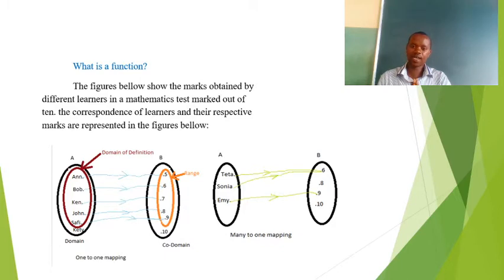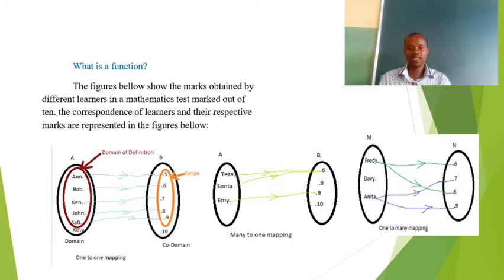We have Teta, Sonia, and Fanny, where Teta has gotten 6, Sonia also has gotten 6, but Fanny has gotten 9. It means that Teta and Sonia have the same marks.